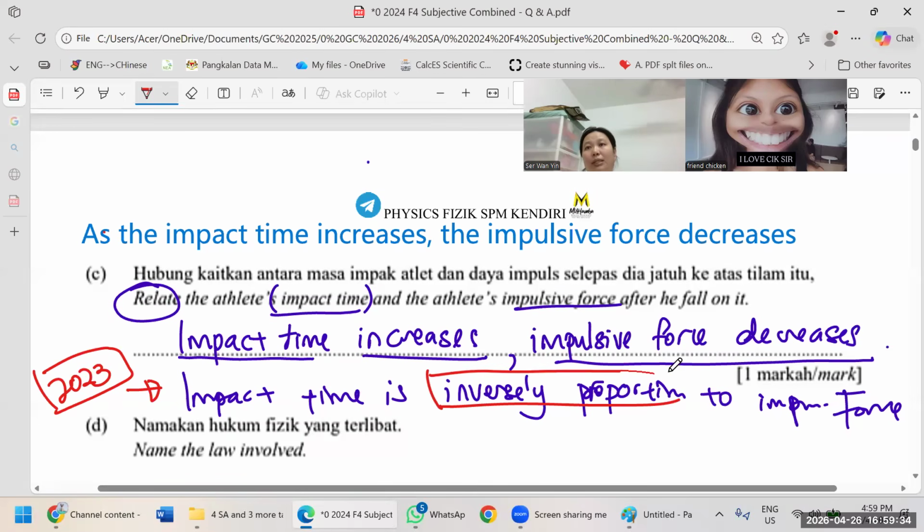This one is normally only for graphs, it's the conclusion for a graph. In 2023, they purposely made the diagram so you cannot draw a graph.